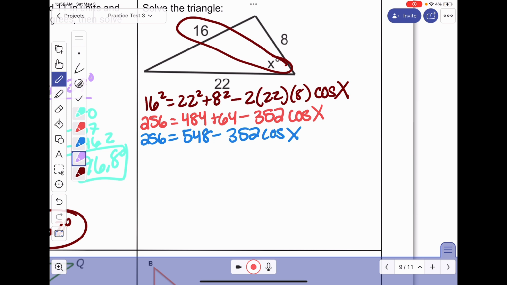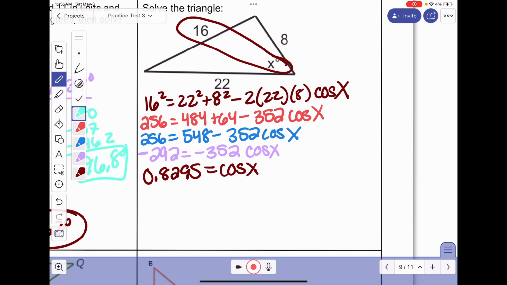I'm going to subtract 548 from both sides so that I can get the cosine term alone. Now I'm going to divide by negative 352 to get the actual cosine alone.